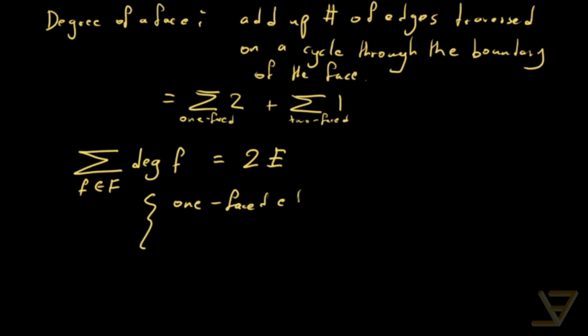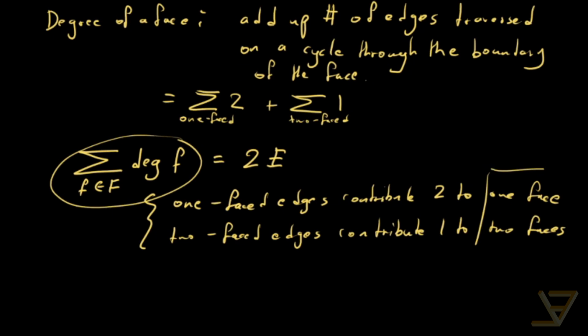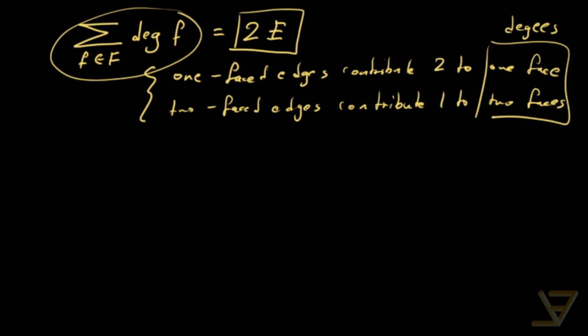One-faced edges contribute 2 to one face in this sum, and two-faced edges contribute 1 to 2 faces. Well, these are both to the degrees of those faces. So in the end, we just end up with 2 copies of each edge, with the number 1 being contributed by each copy. So that's our first identity.